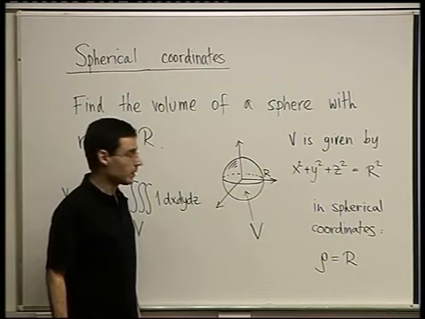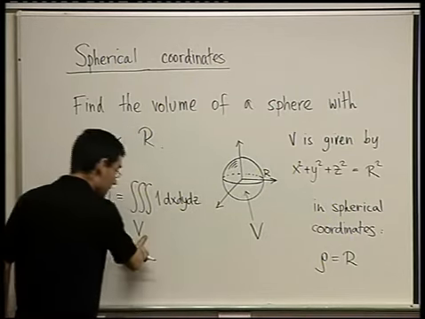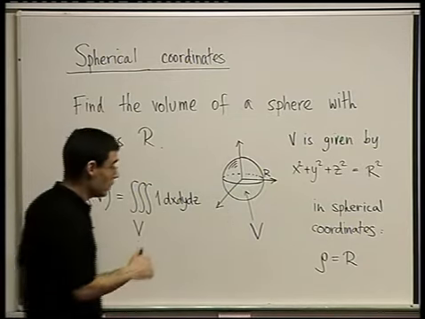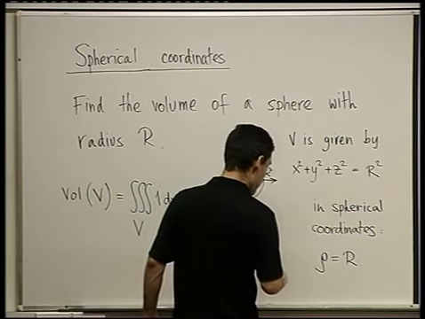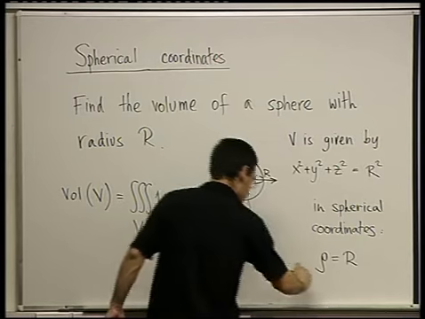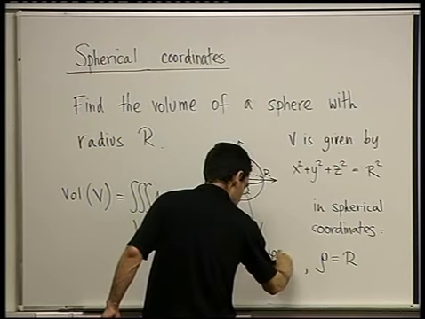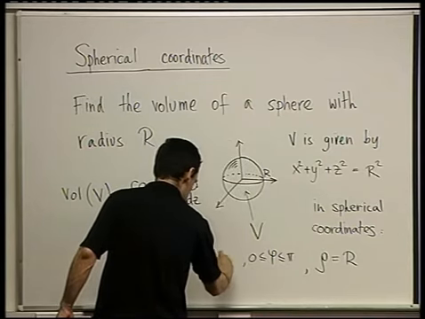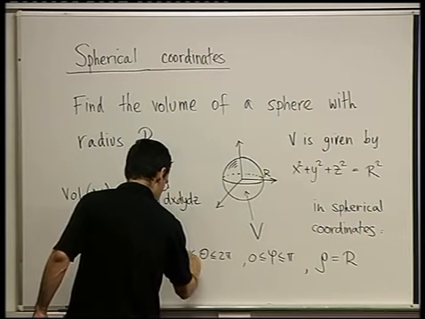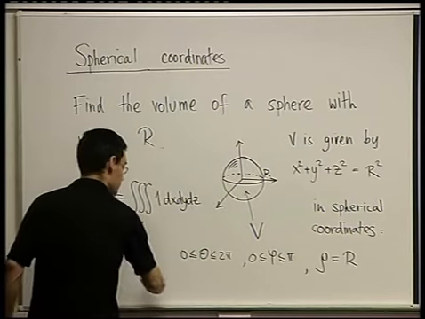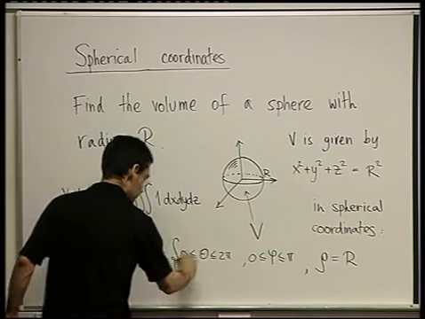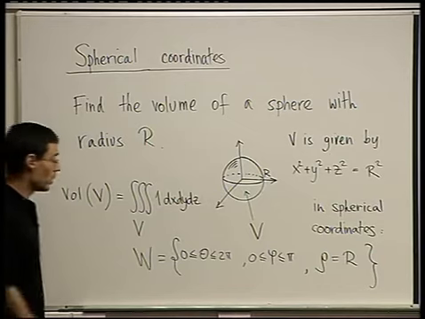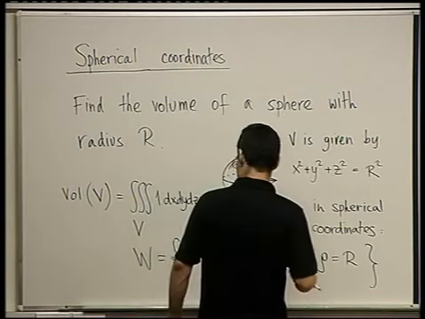Do you agree? Okay. So our domain V in spherical coordinates is going to become W, where rho equals r, and theta and phi are not restricted. So phi is between 0 and pi, and theta is between 0 and 2 pi. This is W. Or, well, I'm confusing a bit.